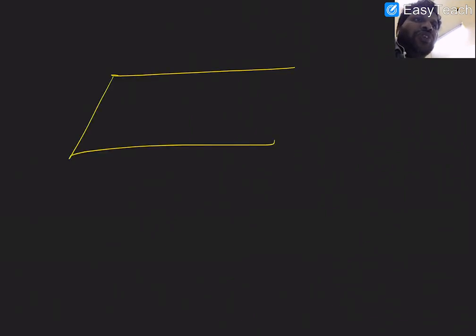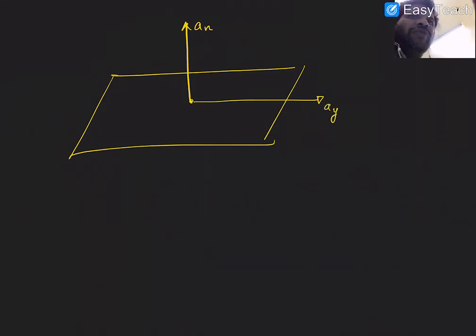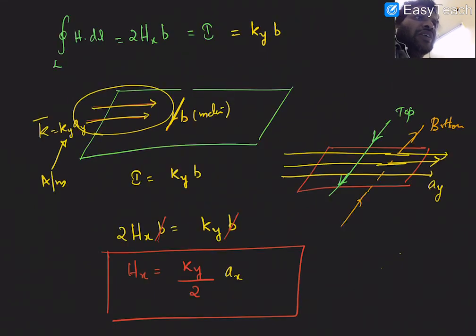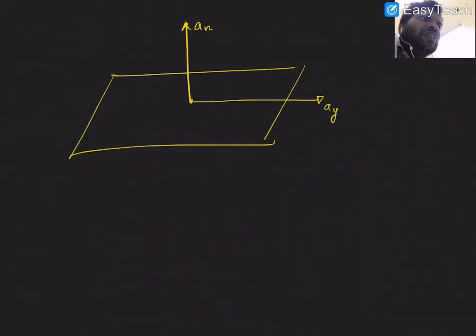Suppose this is your sheet, and the normal to the sheet is given as an. The current is flowing in this direction, that means in ay. Then we have seen that the net direction of the field is in this direction, in ax.